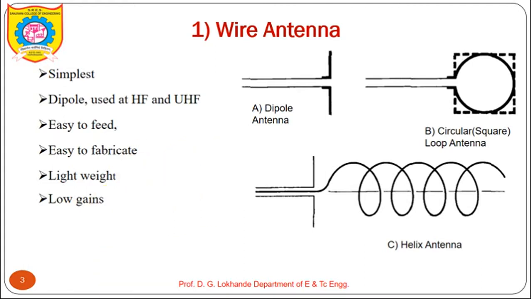Third, easy to feed the signal. Fourth, because of its simplicity it is easy to fabricate. Next, lightweight, and next, low gain. These are the features we observed for the simple wired antenna.